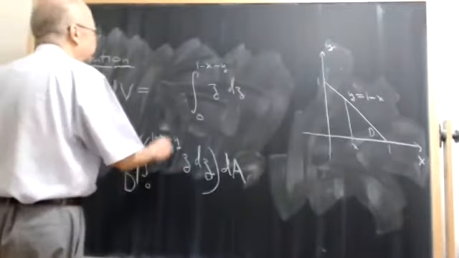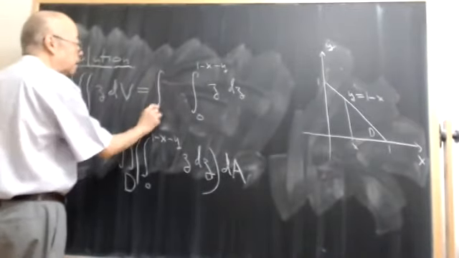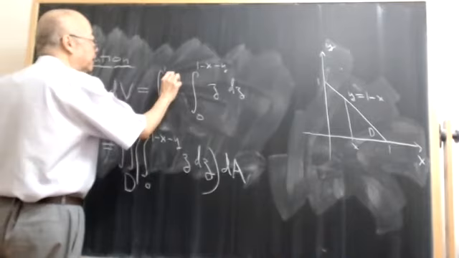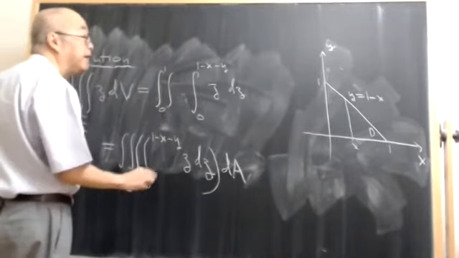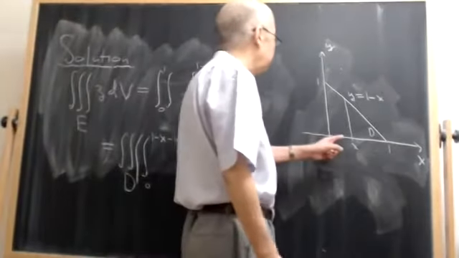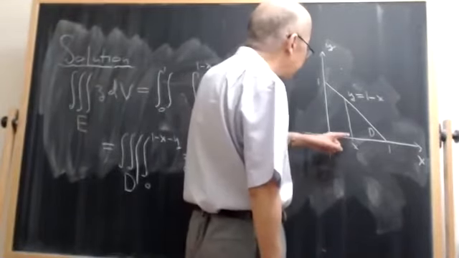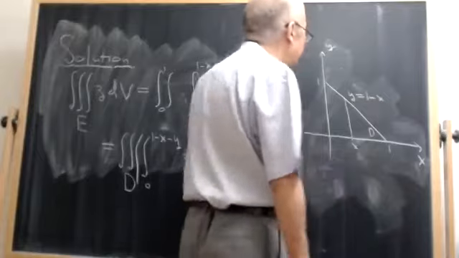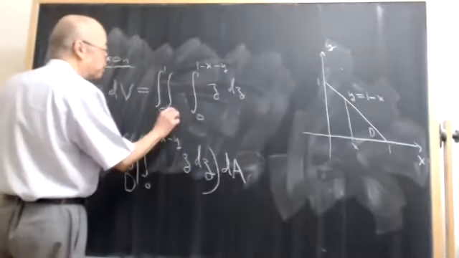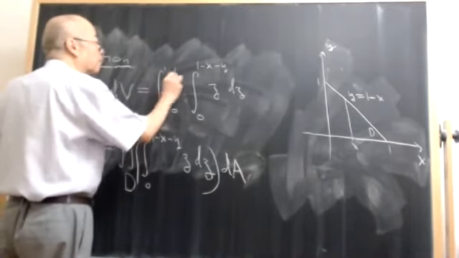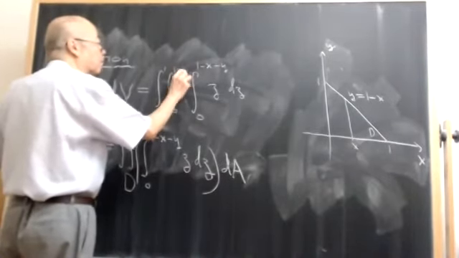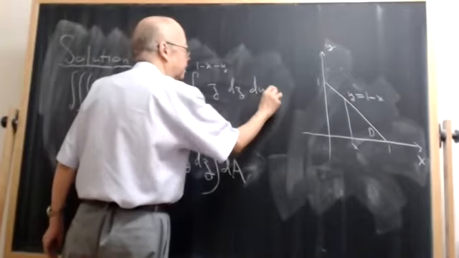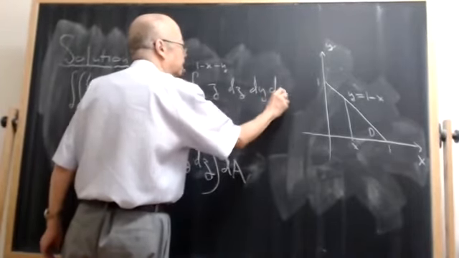So we are going to get the integral from 0 to 1, and then the integral, and this y actually goes from 0 to 1 minus x. And then we have dy dx.